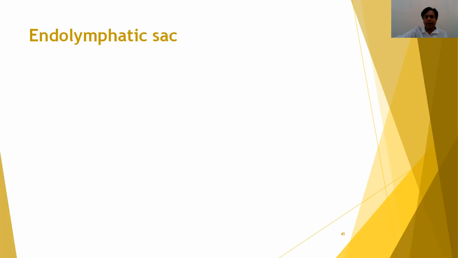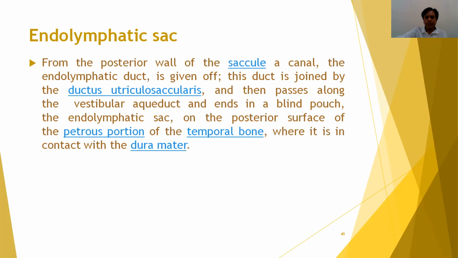Then endolymphatic sac. From the posterior wall of the saccule, a canal, the endolymphatic duct, is given off. This duct is joined by ductus utriculosaccularis and then passes along the vestibular aqueduct and ends in the blind pouch, the endolymphatic sac, on the posterior surface of the petrous portion of the temporal bone, where it is in contact with the dura mater.